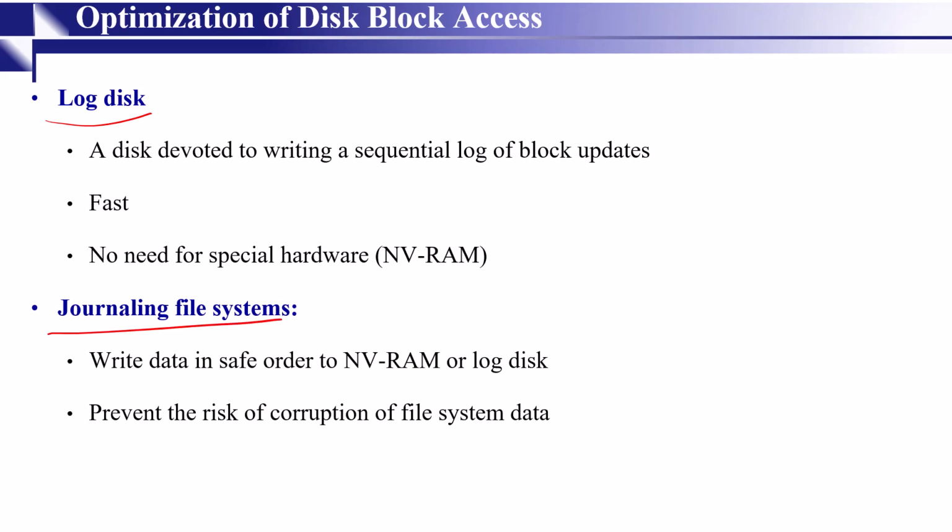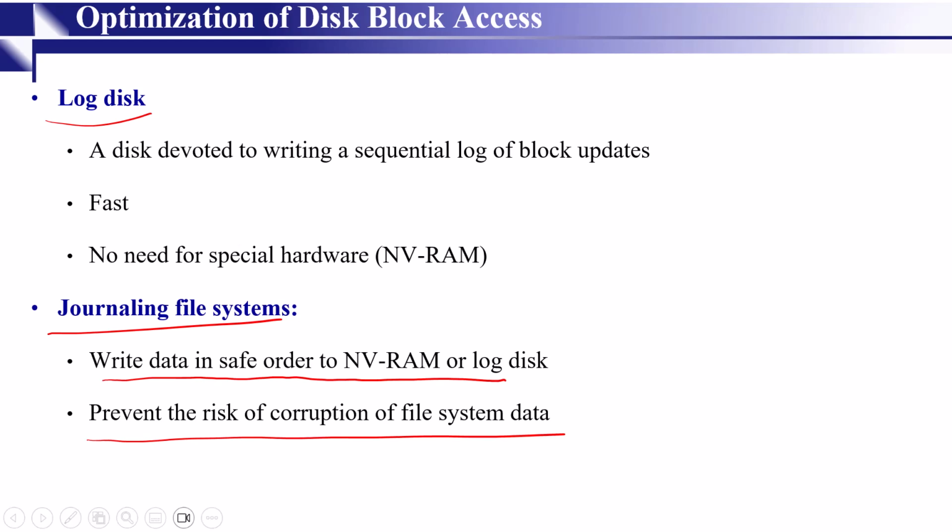These systems can write data in a safer order to either NVRAM or log disk, and they can ensure that changes are recorded before they are applied to the main file system. This approach helps to prevent the risk of corruption in the file system, as the log provides a reliable record of changes that can be used to restore consistency in the event of a system crash or power failure.